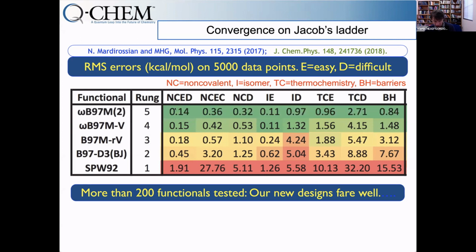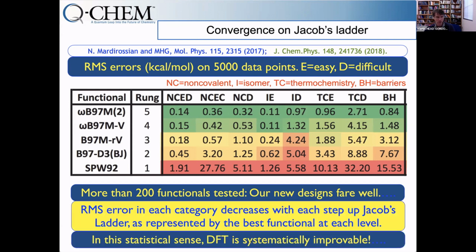And then finally at rung 5, the double hybrid goes slightly below 1 kilocalorie per mole for 1 sigma error in thermochemical bond energies and in barrier heights. So that's quite good. There's no real improvement anywhere else, but there's no degradation either. So in a kind of statistical sense, we can then say that DFT is systematically improvable.